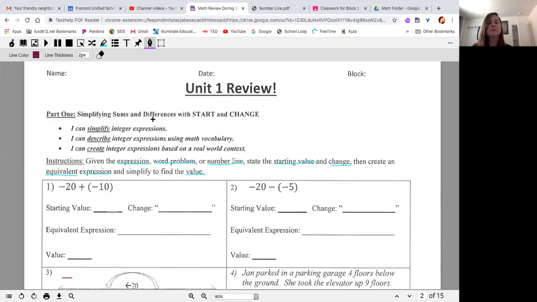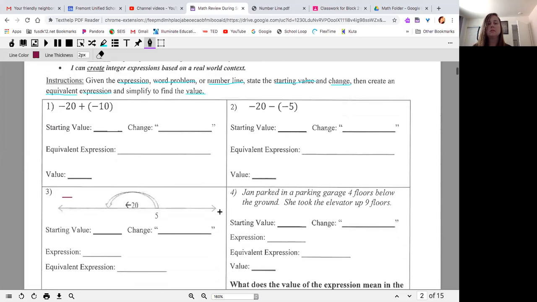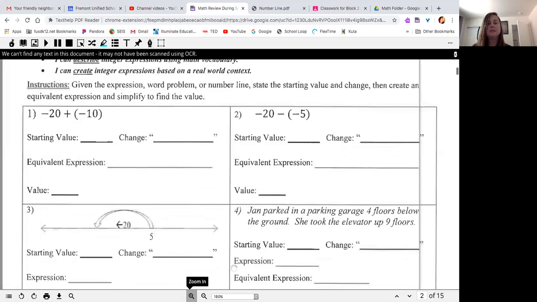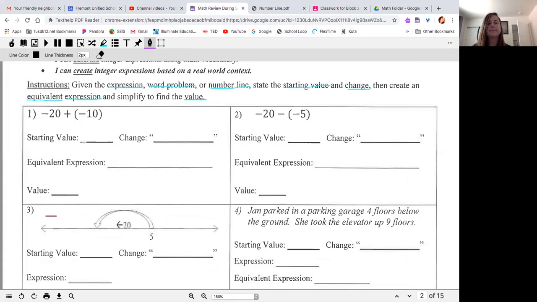Scrolling down just a little bit here, I think, if I can. Someone said something about zooming in. There we go. I think that's as big as I can go without making a mess. So starting value is that first number. Oh, look how thick that happened again. Why did it move to black?